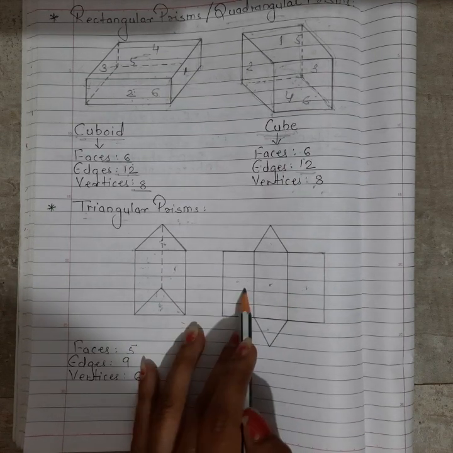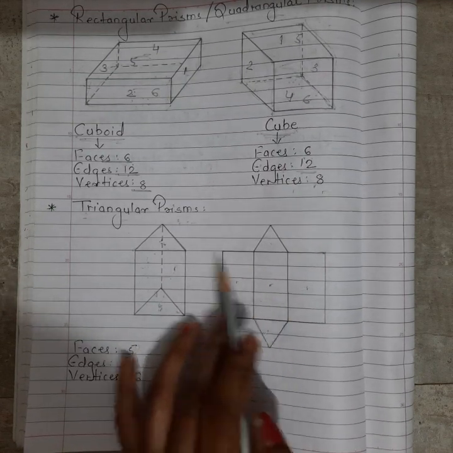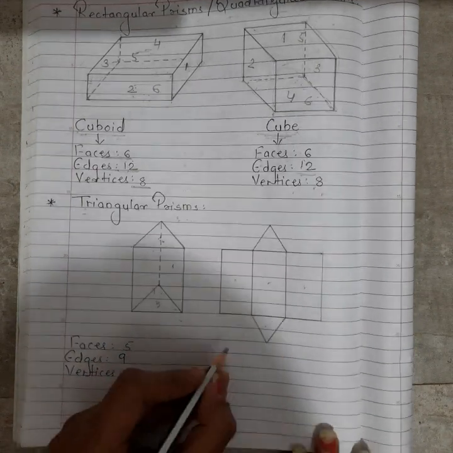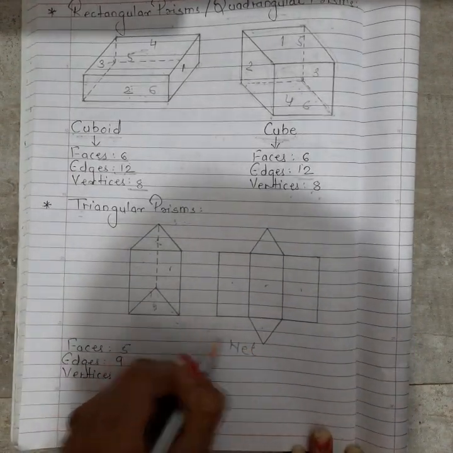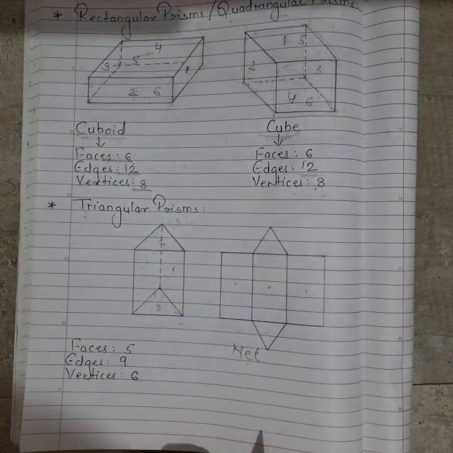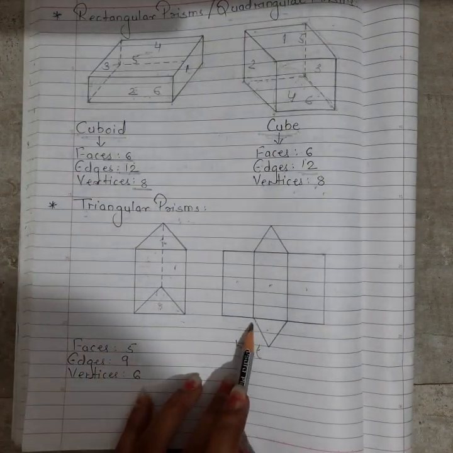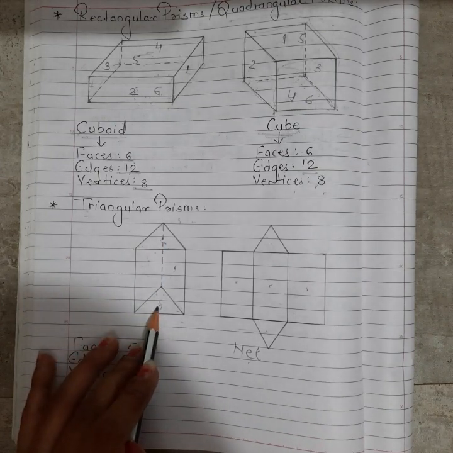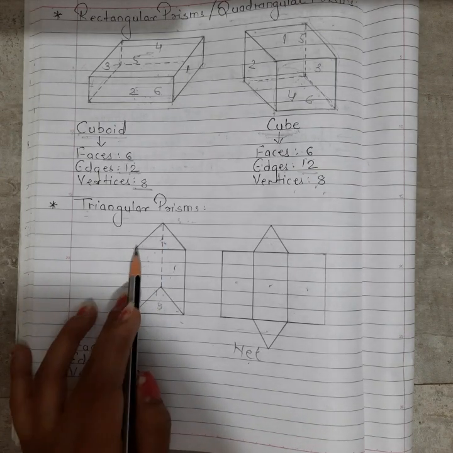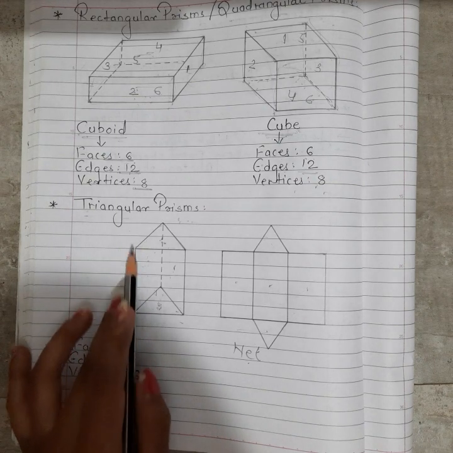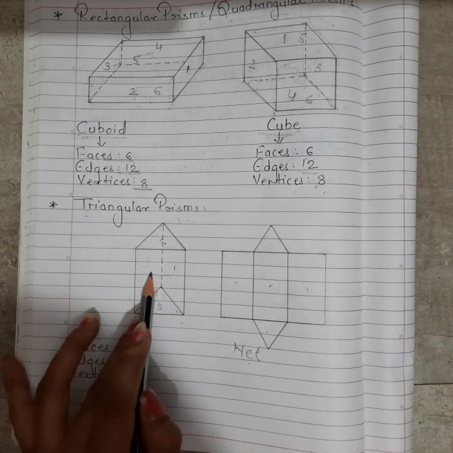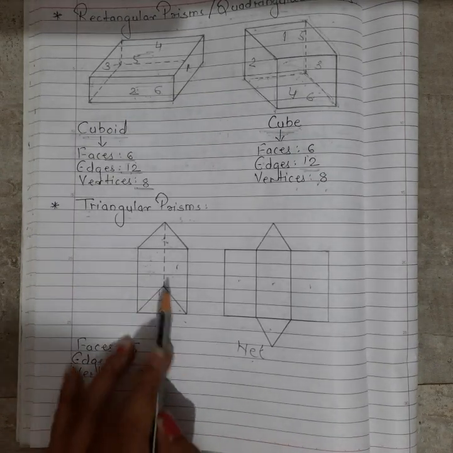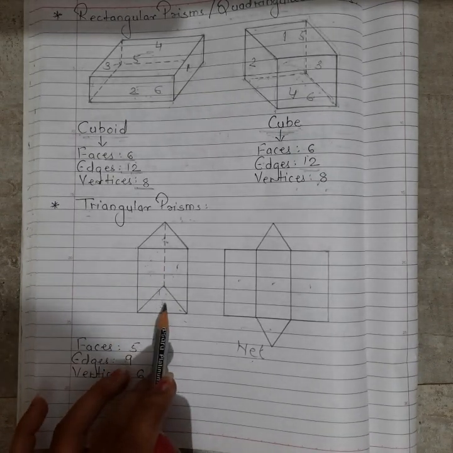This 2D diagram of this 3D object is called a net. Triangular prisms means the top and bottom sides are triangular in shape and the rest of the sides are rectangle in shape.